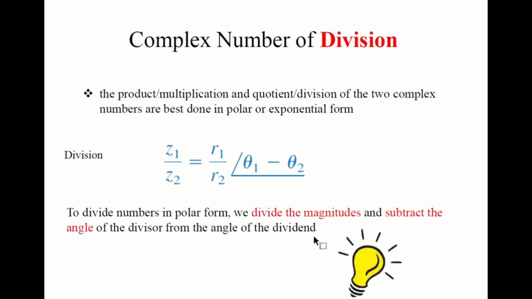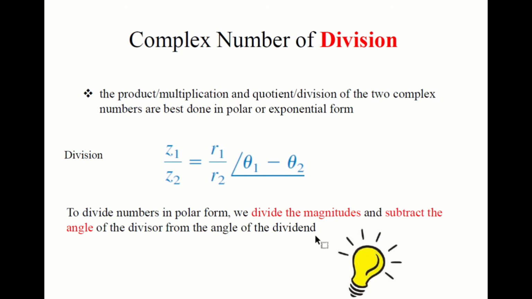And for division, you also have to use polar or exponential form. For addition, subtraction, multiplication, and division, I suggest that you use a scientific calculator to do the operation.